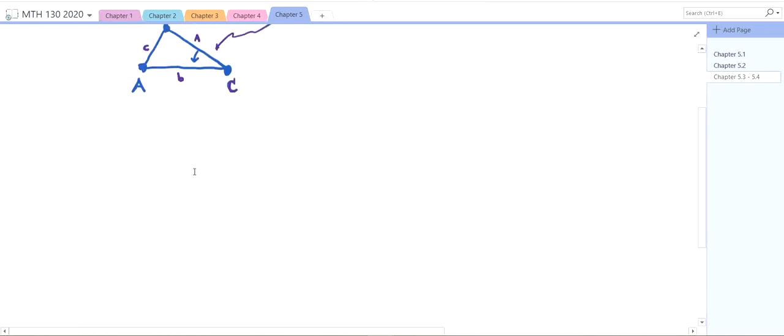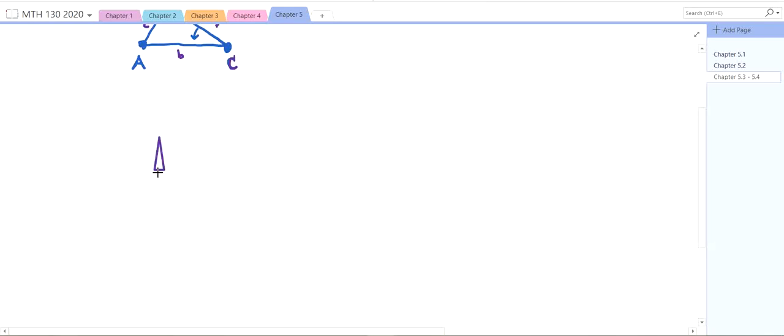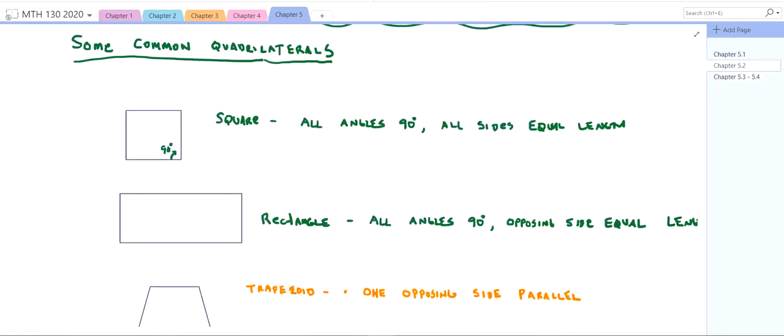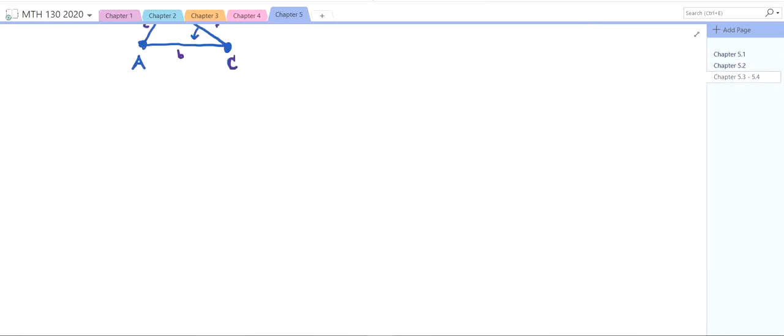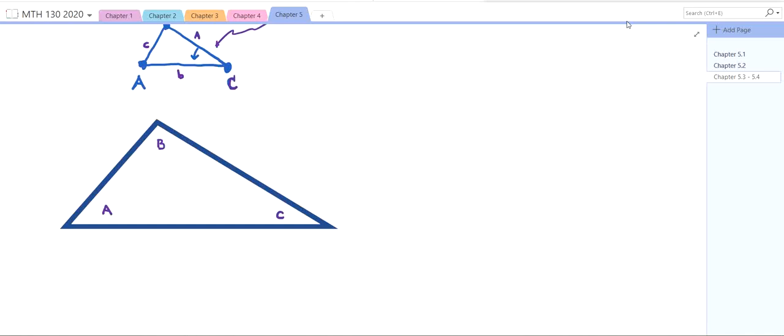Okay. We have different types of triangles. I'll use this triangle tool here. I want to make the angles a little different. Whoops, too much of an erase. Okay, so I've drawn this triangle again.